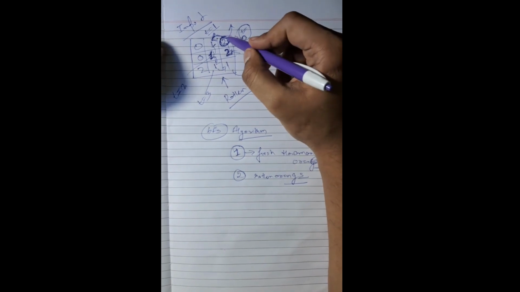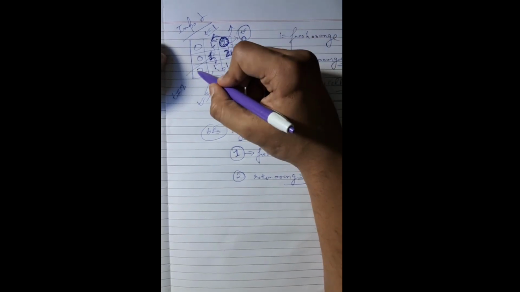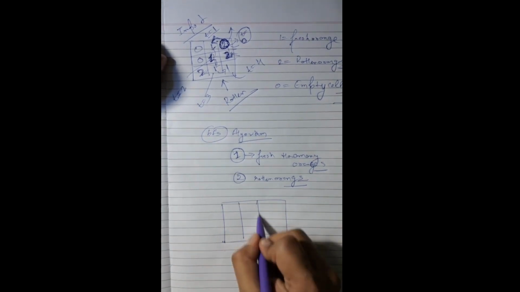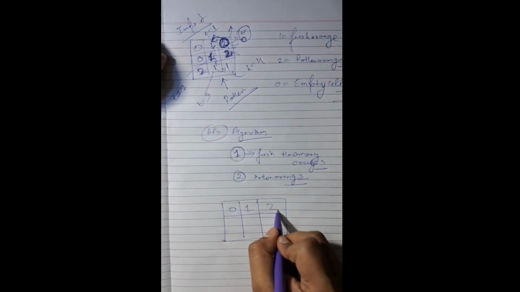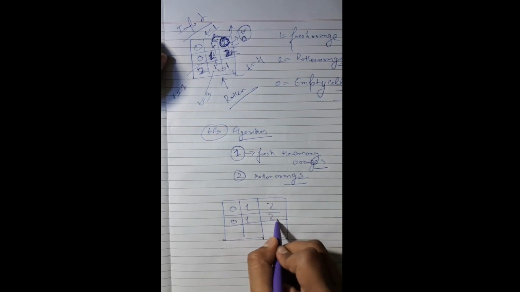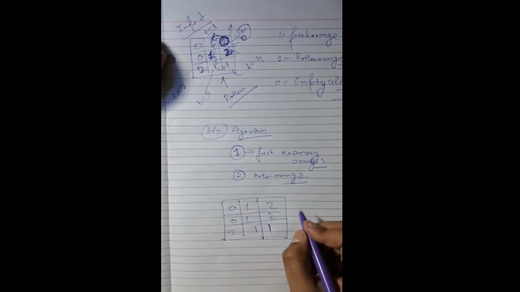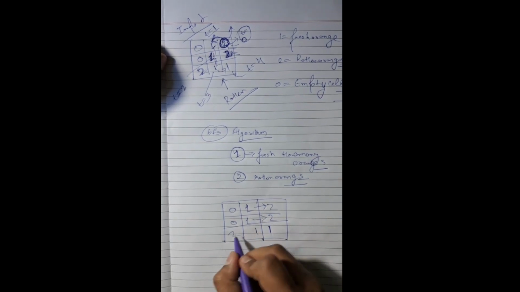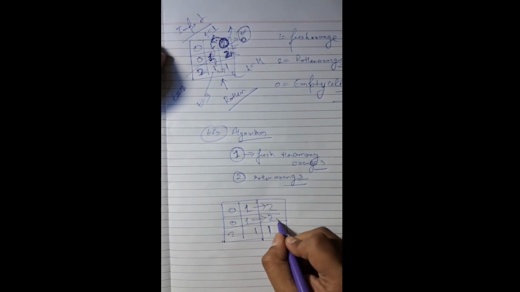But this will only happen if you start from this element and ignore the other two. But if you make the matrix 0 1 2 0 1 2 2 1 1, this one is nearest to this one, this one is nearest to this one, and this one is also nearest to this one.